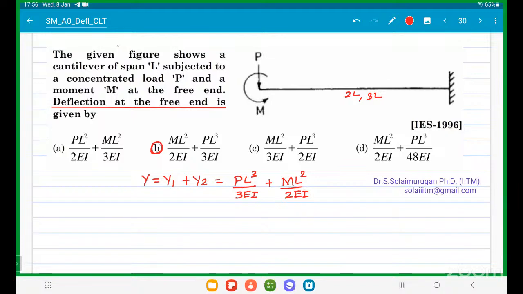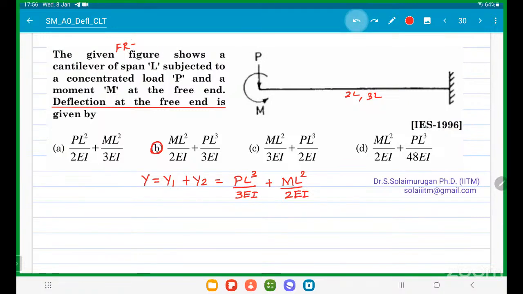Here they will say flexural rigidity equal to 2EI. So that kind of twist may be involved. Length is not L, it is 2L. EA is not EA, it is 2EA, 3EA like that.